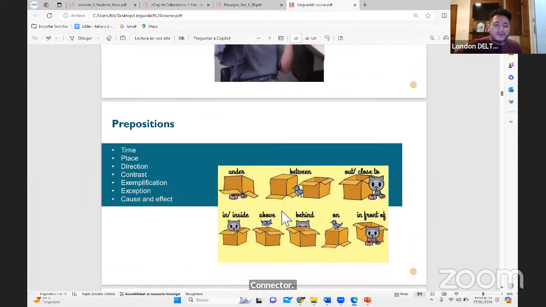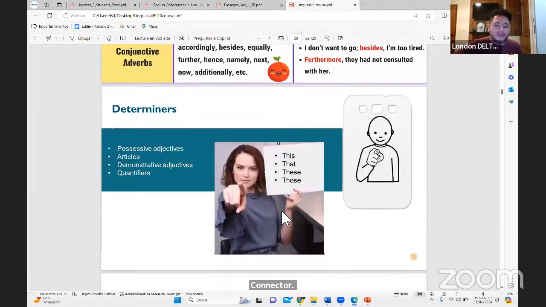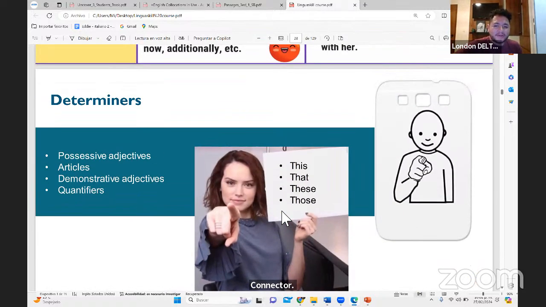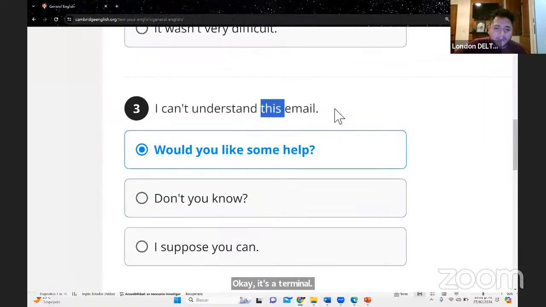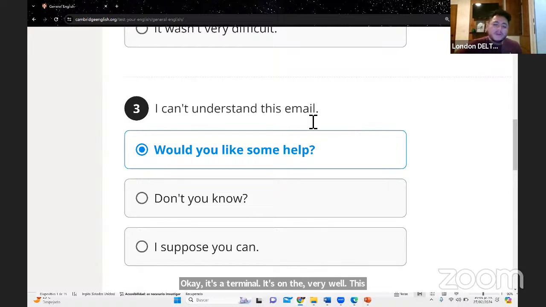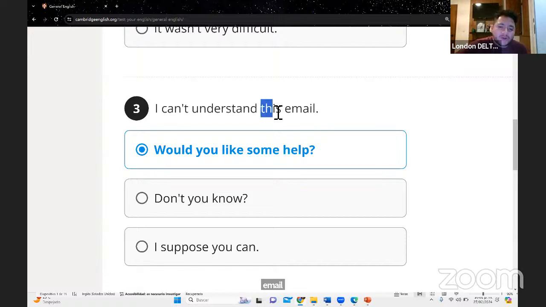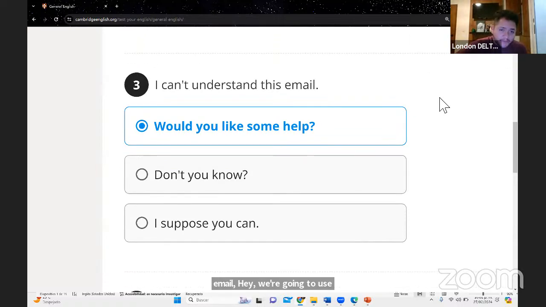Puede confundirse con conector, pero no. It's a determiner. Okay, it's a determiner. Es un determinante. Very well. This email, todos los demostrativos, este, ese, aquel, aquellos. We're going to use, those are demonstratives.